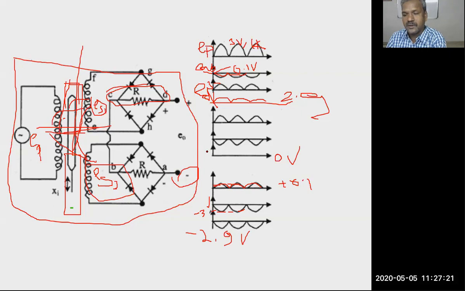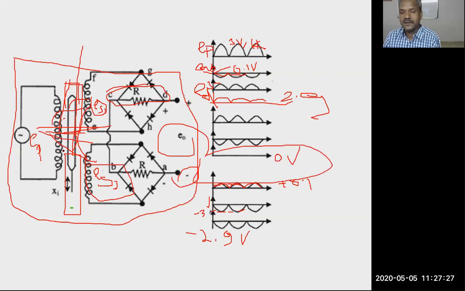So the output interpretation: when the core is at middle, zero output. When the core is at top extreme, ES1 is more. Say ES1 is 3 volt, ES2 is small, that is 0.1 volt.